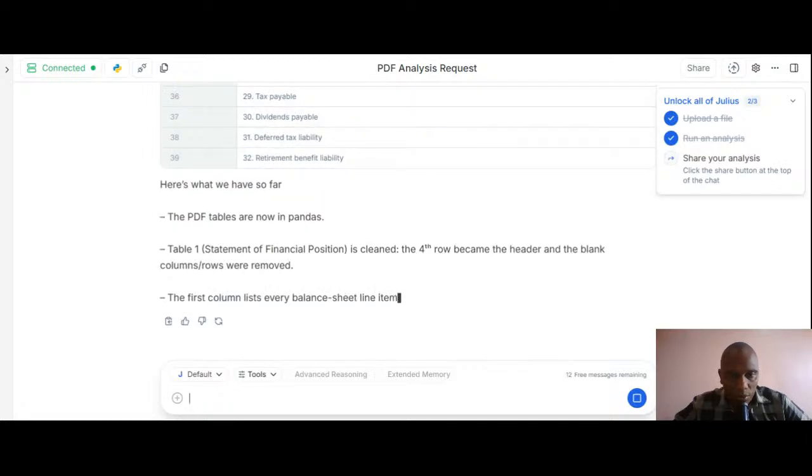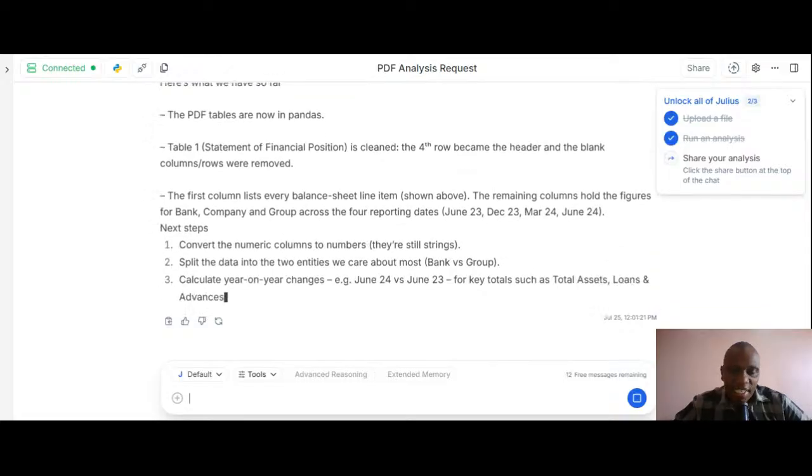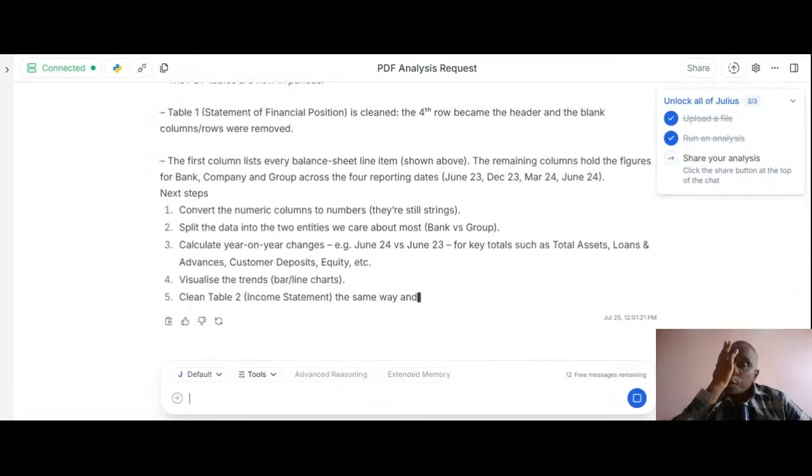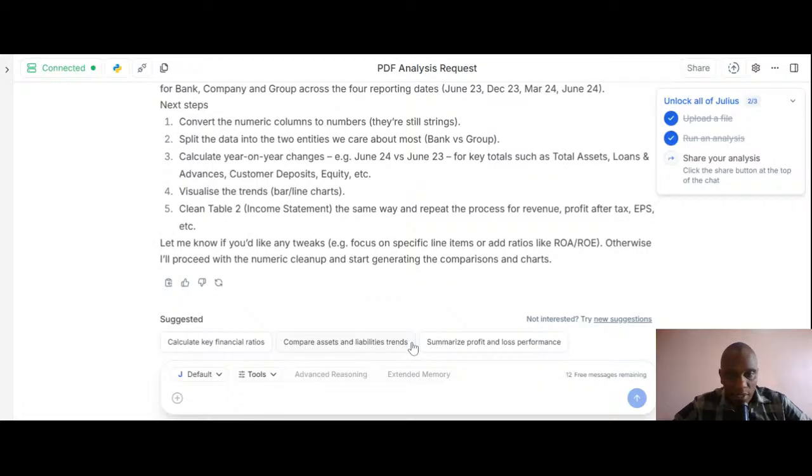Therefore, it has to do its magic to get all the information that is in that PDF. You can see it's developing the tables and all these other things so that it can get the information. We can try to see what it has.